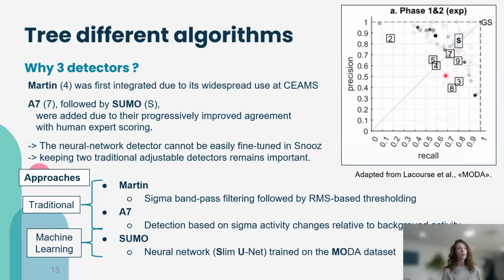All the detectors are quite balanced between recall and precision because they have been optimized to maximize the F1 score, which is the harmonic mean of both. But the important thing here is that Fuseau is significantly improved compared to human scoring. A7 has the same performance as an average expert, but Fuseau is above that.